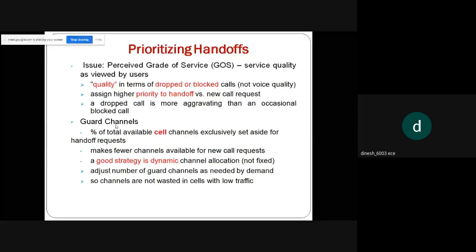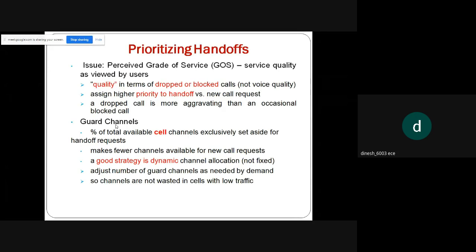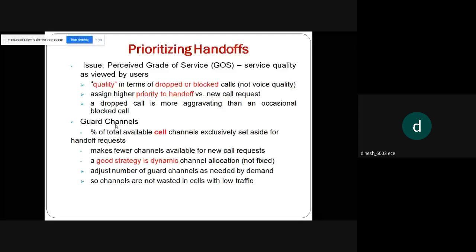Next is prioritizing handoffs. The issue was the perceived grade of service, which is the service quality as viewed by users. Quality in terms of dropped or blocked calls, which was not voice quality.